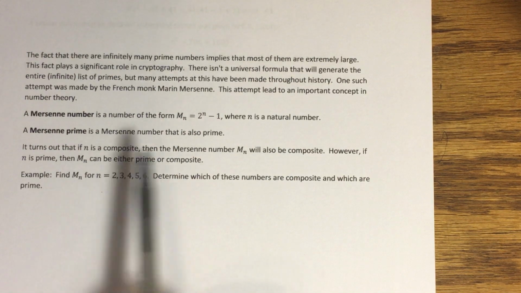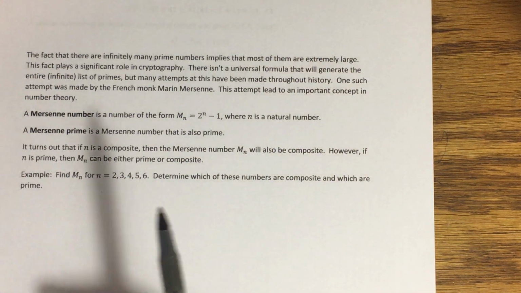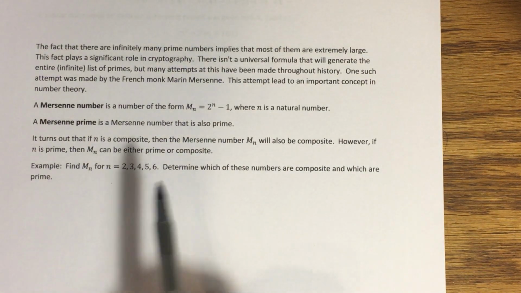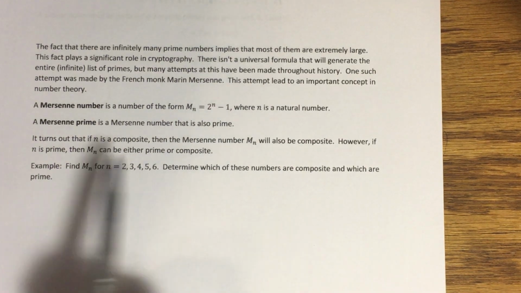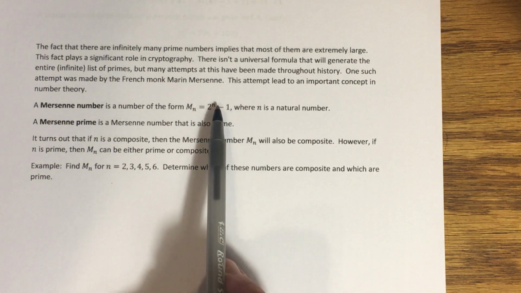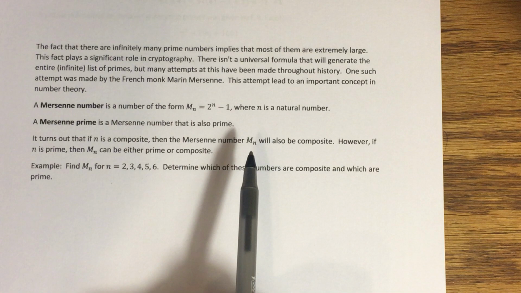So something kind of interesting happens with these Mersenne numbers. And again, we're not proving this here because our goal is not to prove these abstract results so much as it is to just kind of understand them on a basic level. If you're plugging natural numbers in for n here, if that natural number is a composite, it turns out that this formula will always generate composites for you.